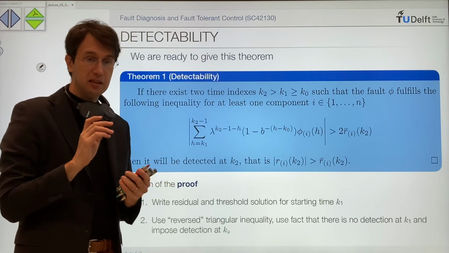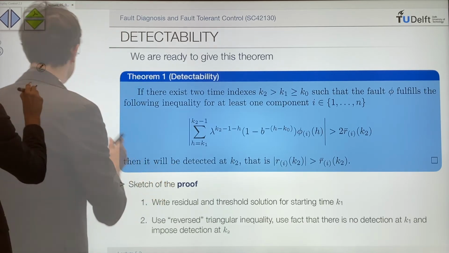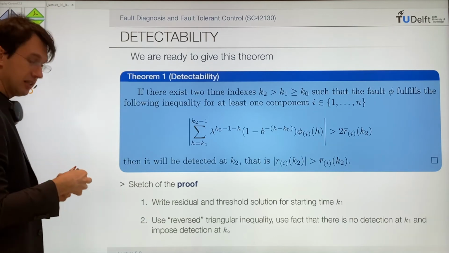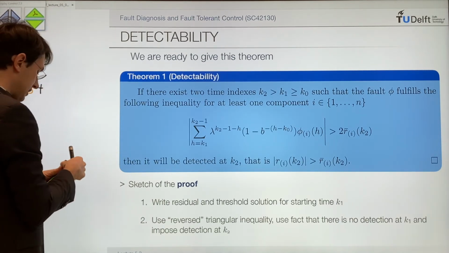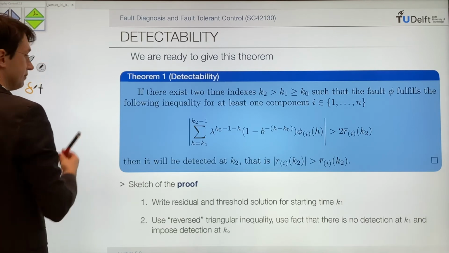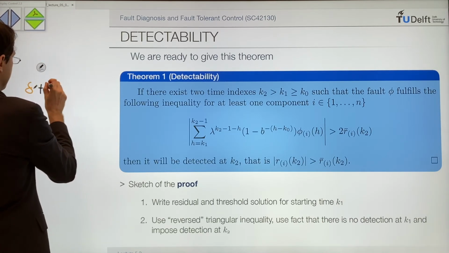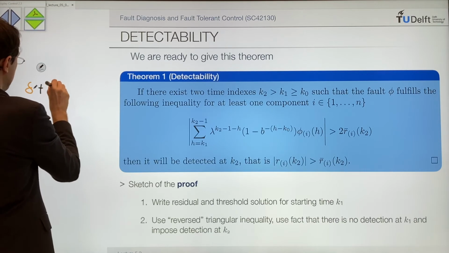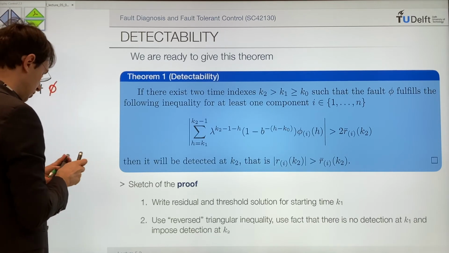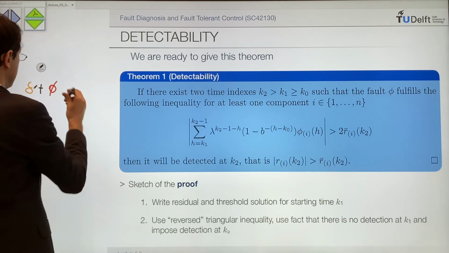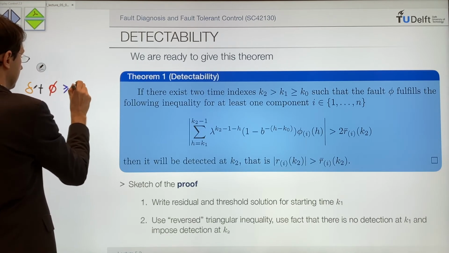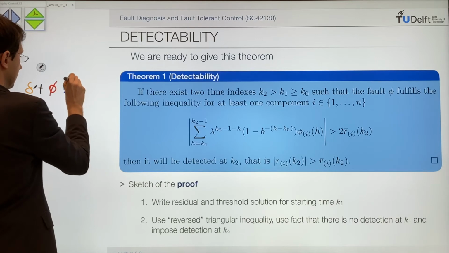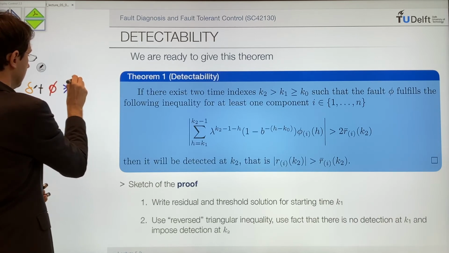We said that both the uncertainty and the fault are occurring in the dynamics of the residual now, and they are summed together. So on a very intuitive basis, we want to see when these two things are crossing the threshold.